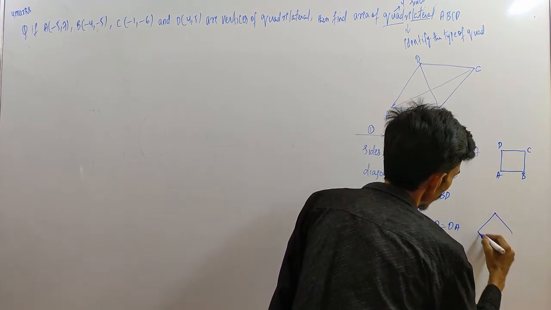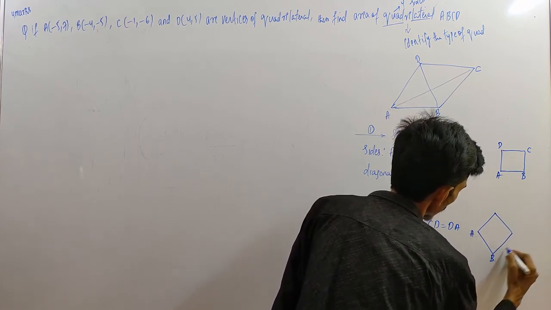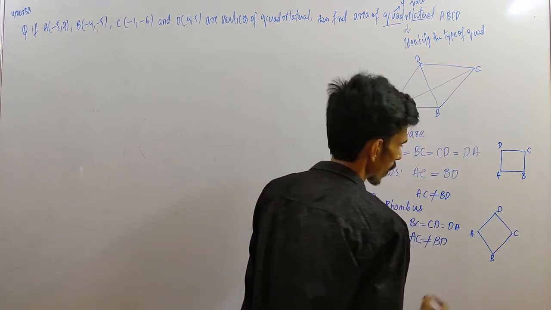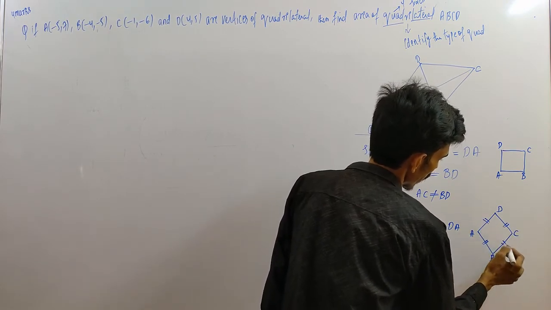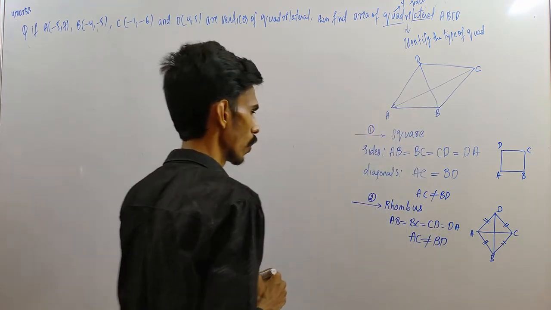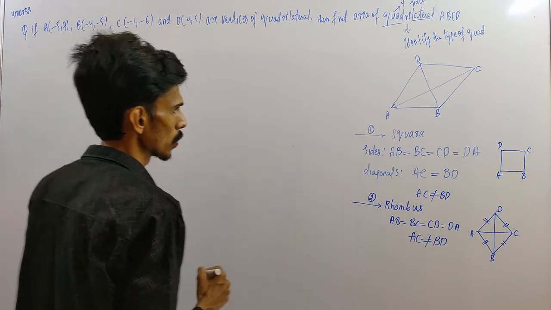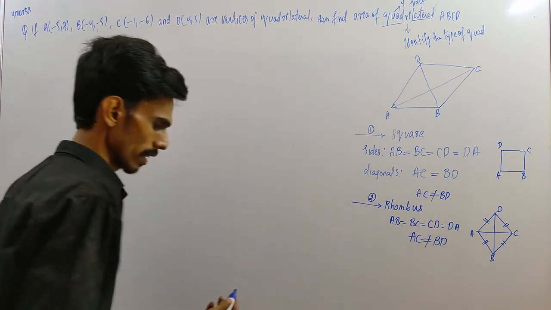The figure will be of this form. Take A here, B, C, D. Sides will be equal, but diagonals are not equal. So the condition for a square is this, and the condition for a rhombus is this one.